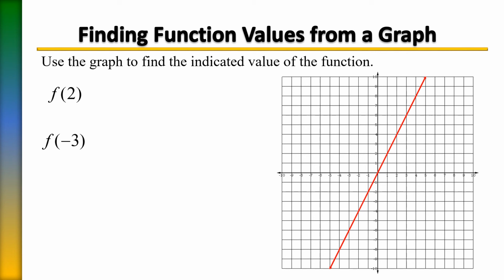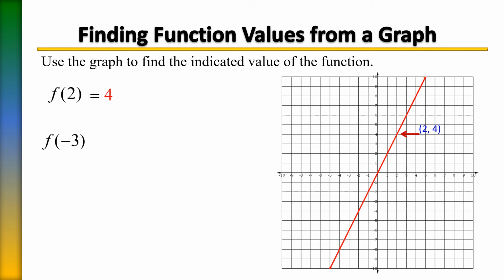That was my y value, which was 4. So my output is always your y value. And notice here, the output of my ordered pair is a 4. So therefore, f of 2 equals 4.